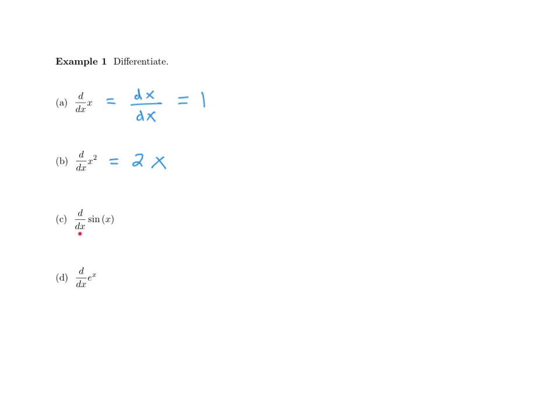What about the derivative with respect to x of sine of x? Well, we have a rule for that too. It goes to cosine of just x, and we're done. And lastly, what is the derivative of e to the x? That is the easiest equation because it actually is its own derivative, e to the x. So where am I going with this? What if we changed the question slightly and said, well, what's the derivative with respect to x of just y?